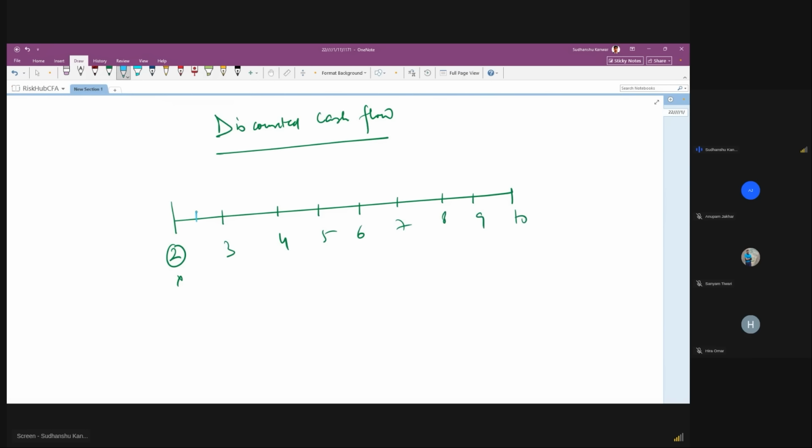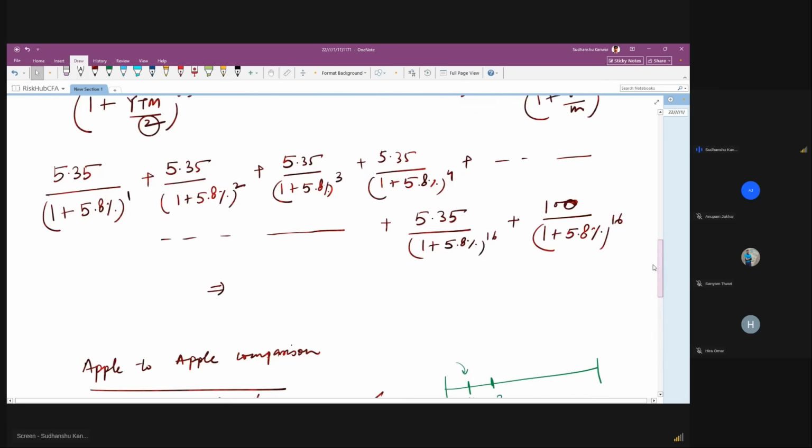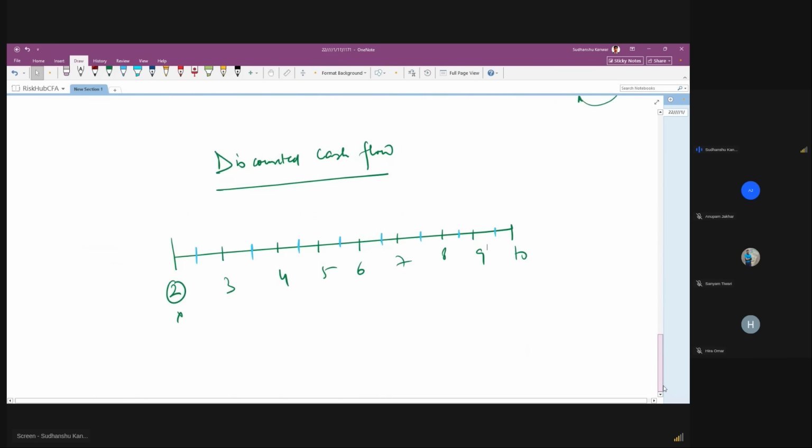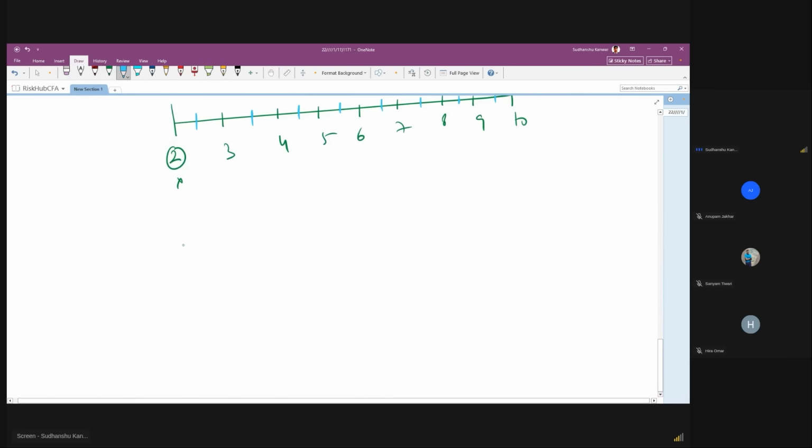So we said cash flow came here, here, here, here. Now what are we trying to achieve here? What is the question asking us? The question is asking me to find the current price of the Grupo Ignatius bonds. I have been told to find the current price.